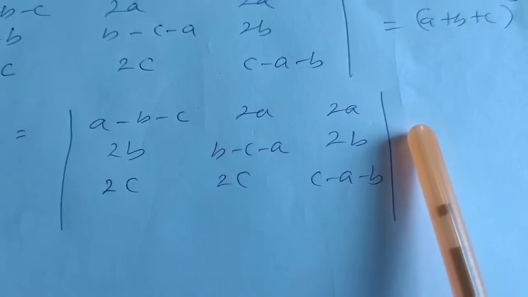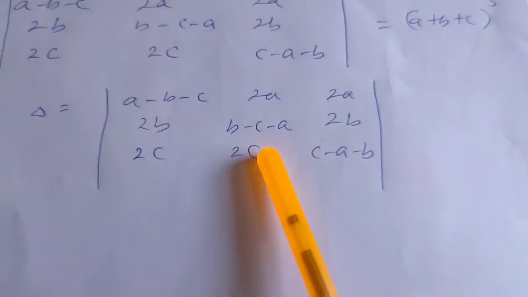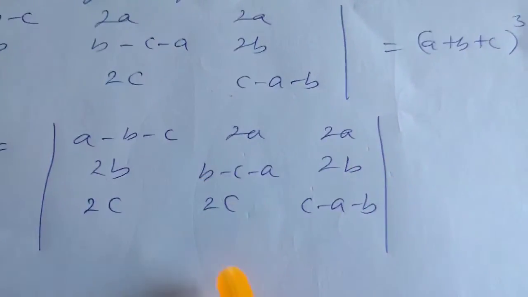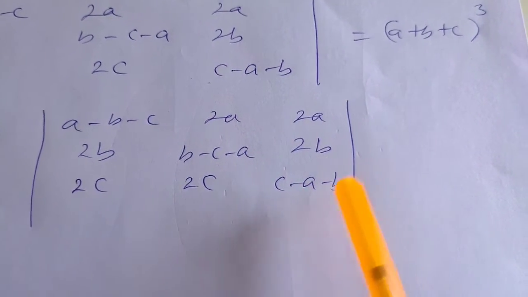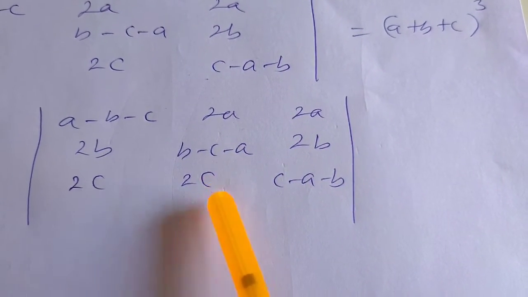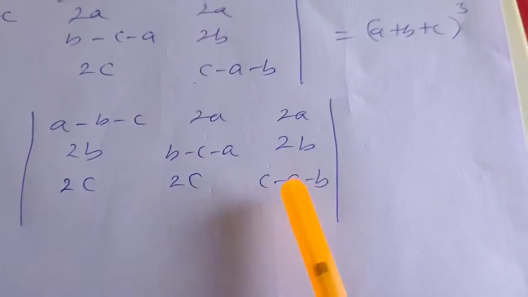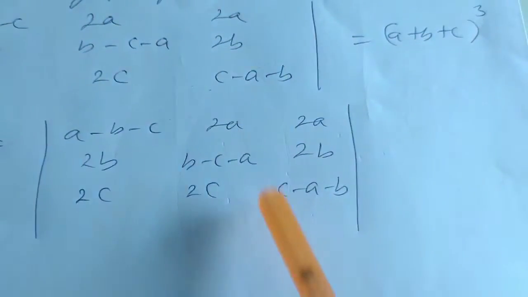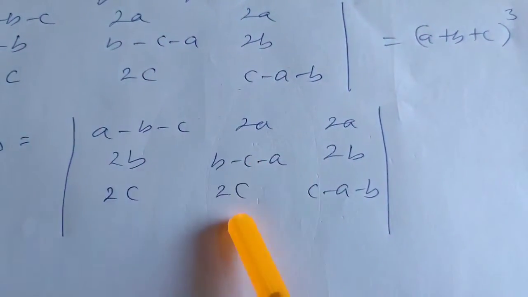So b minus 2b is minus b, so minus b minus c minus a. Taking minus common, we get b plus c plus a in column 2. Similarly, from 2c we subtract c minus a minus b. On subtraction we get 2c minus c, that is c, plus a plus b.